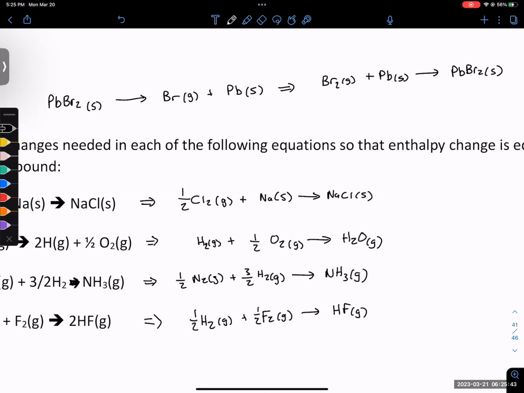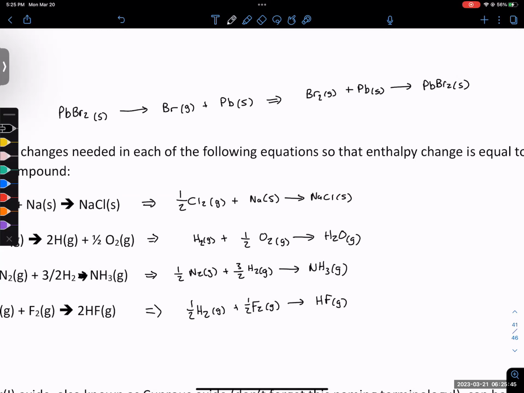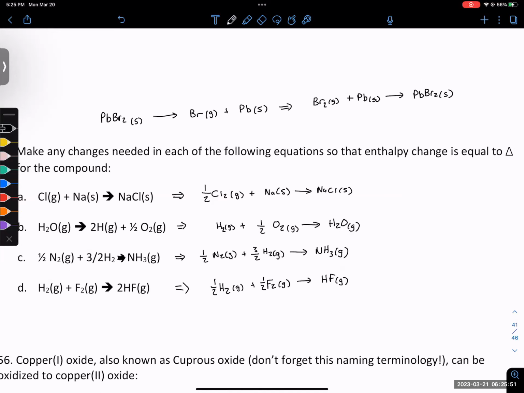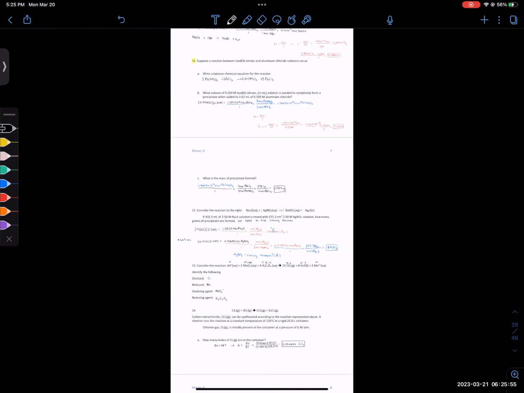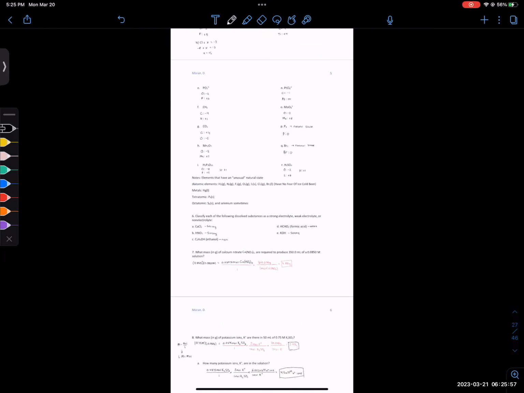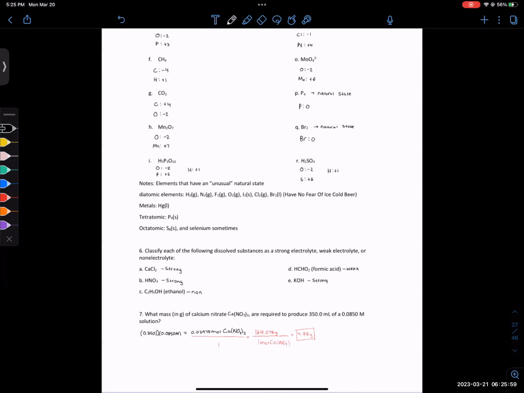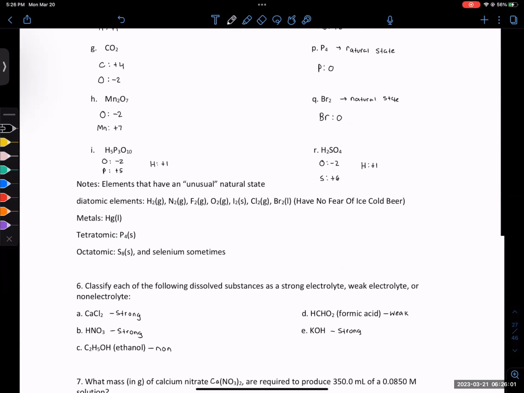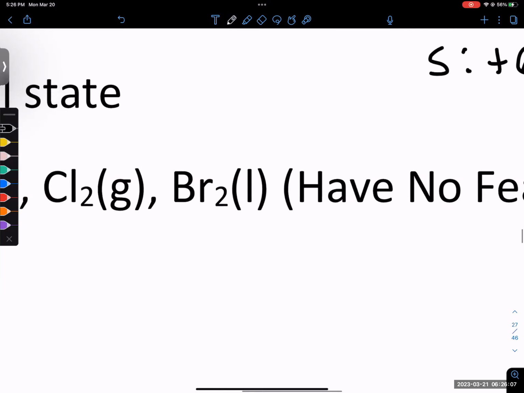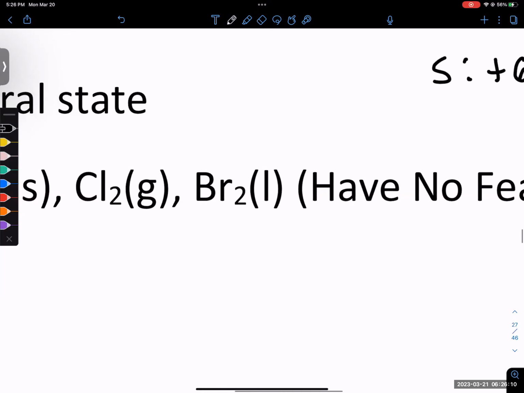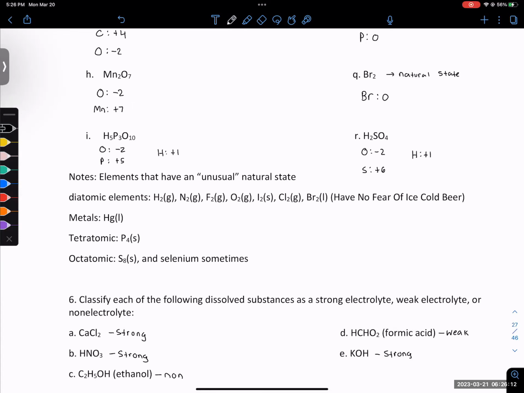And is that it? Let's see. Is Br2 a gas in its natural state?